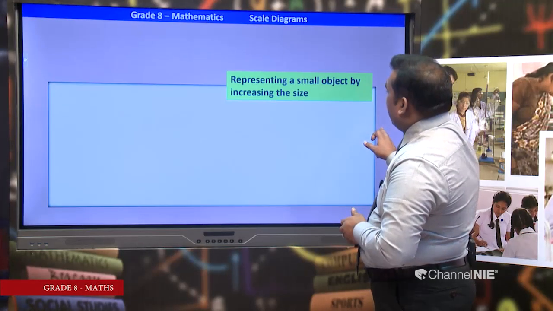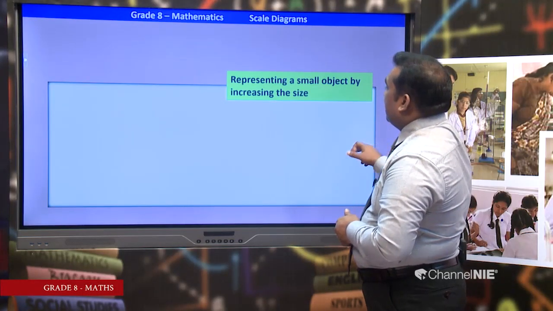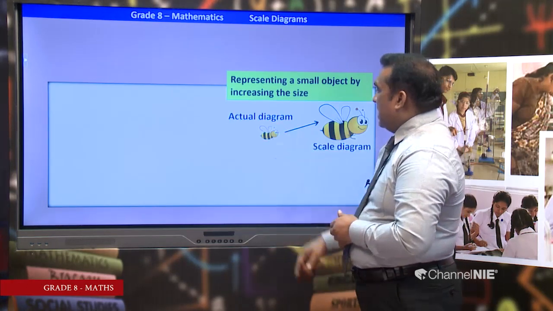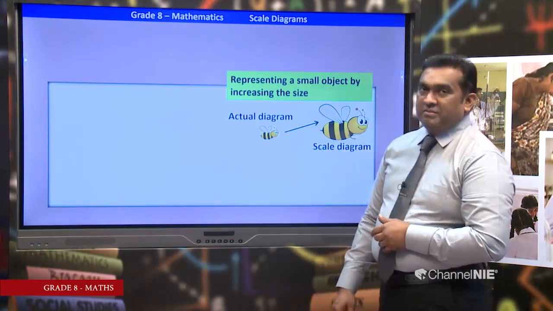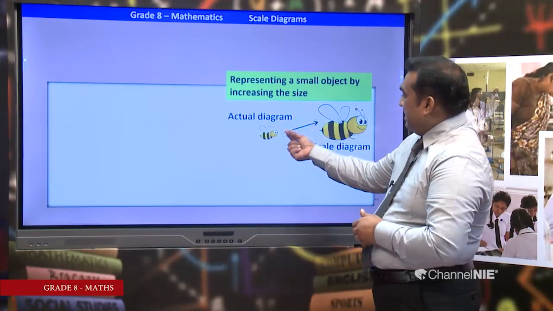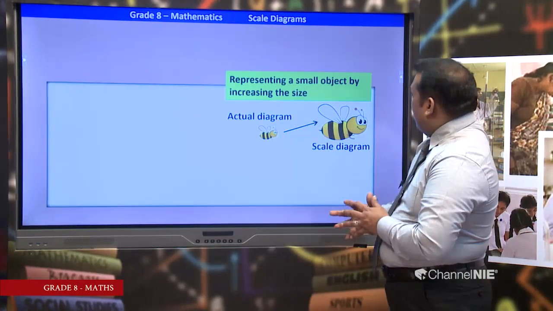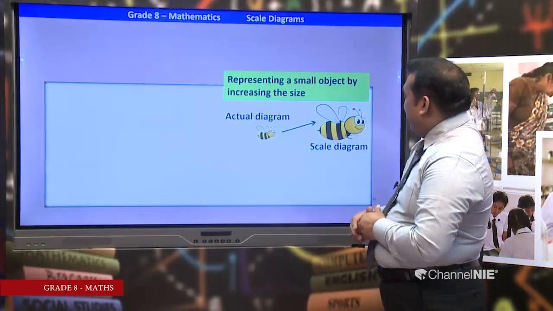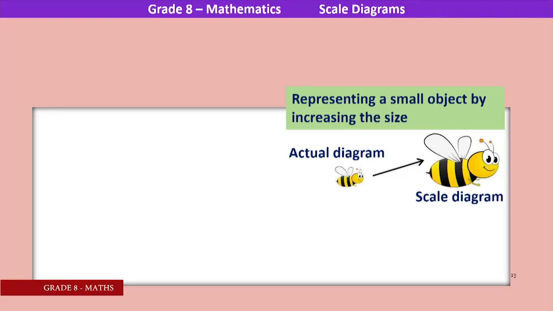Now representing a small object by increasing the size. The actual object is small, the scale diagram is large. The actual length is smaller, this is larger. It means increase in the size, not the shape.